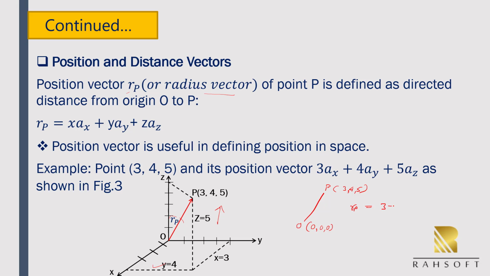You just subtract the position of the origin from point P. So 3 minus 0 unit vector ax plus 4 minus 0 unit vector ay plus 5 minus 0 unit vector az. So the position vector rP is 3ax plus 4ay plus 5az. So this is the position vector.